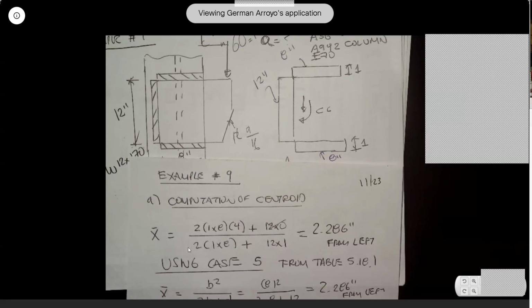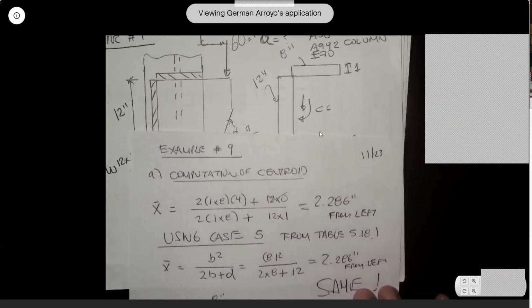And at the bottom, the summation of the area, 2 times 1 by 8 plus 2 times 12 by 1. So this comes at 2.286 from the left.